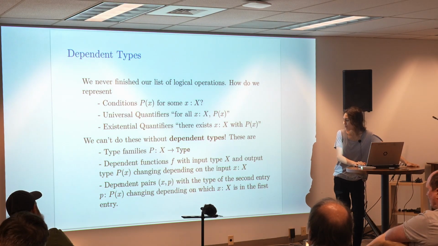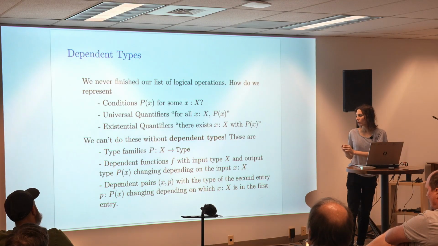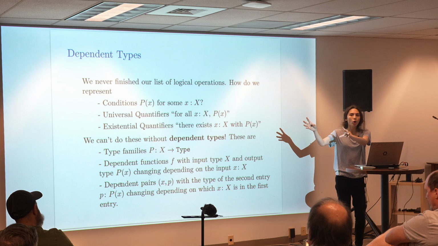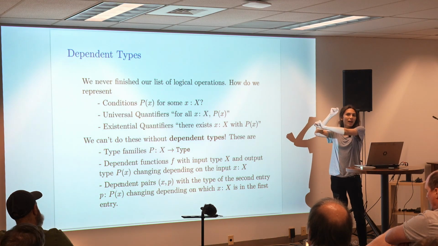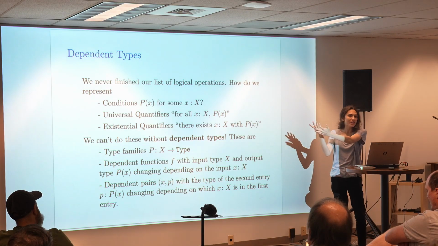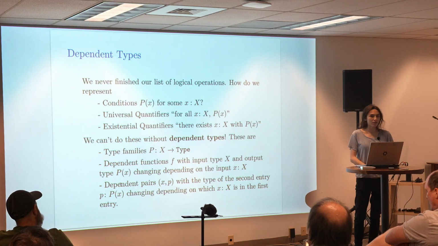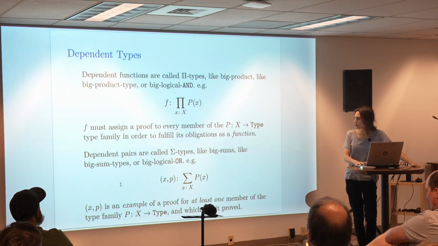And then we also have dependent pairs, which act as our there exists type, where if I can make a pair with the element itself, like a number n, and a proof of a proposition about it, say n is even, then I know that there is at least one natural number that is even, right? Okay, if that didn't make sense to you, it's because I skipped through it very fast, because we covered this last week.